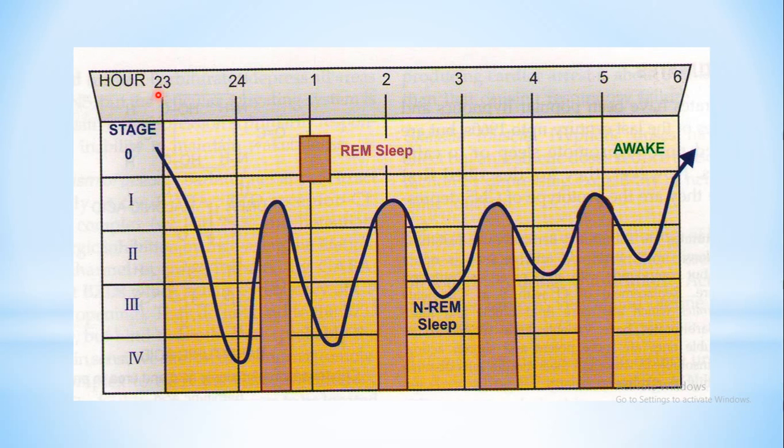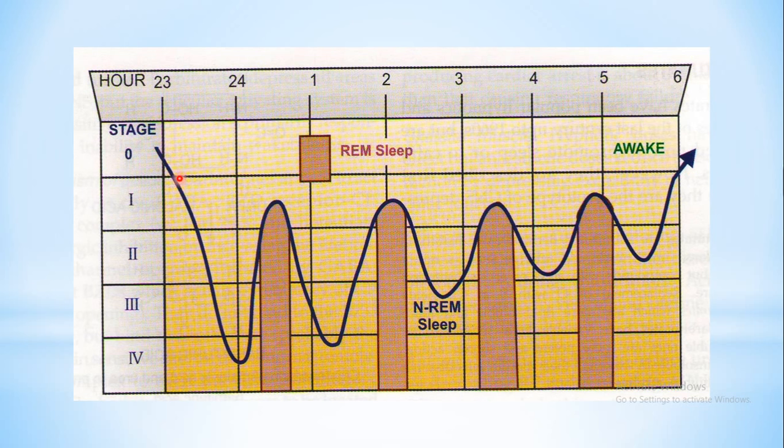If you consider that a person goes to bed at 11 p.m., firstly the person is in stage 0, after which, as the time elapses, the person slowly goes into stage 1.